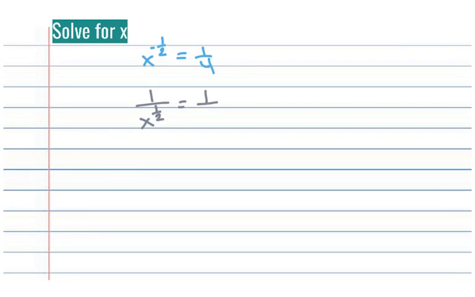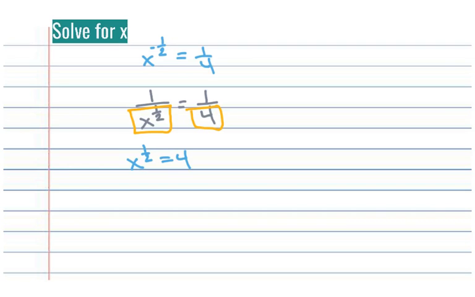And that's going to equal 1/4. So just like on the last problem, now we have these two fractions. My numerators are both 1, so I'm going to ignore those for right now. And the only thing I'm going to focus on is my denominators. So now my denominator is x to the 1/2 equals 4.